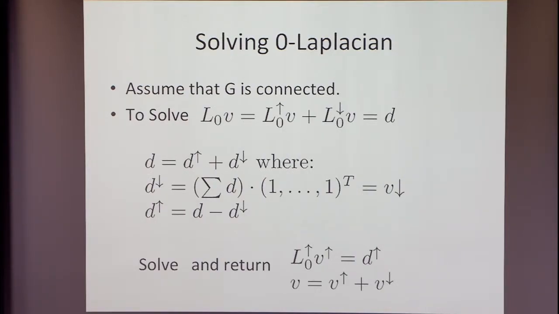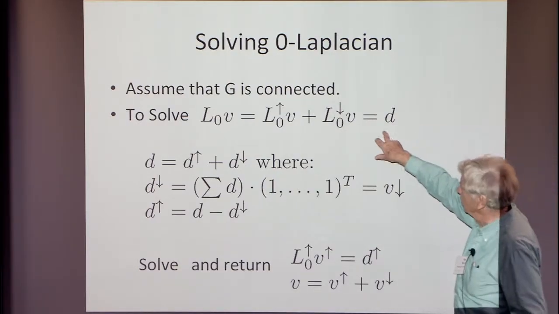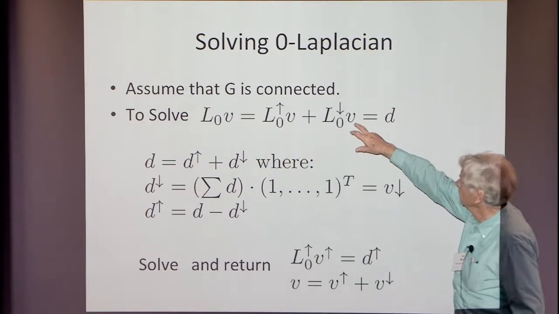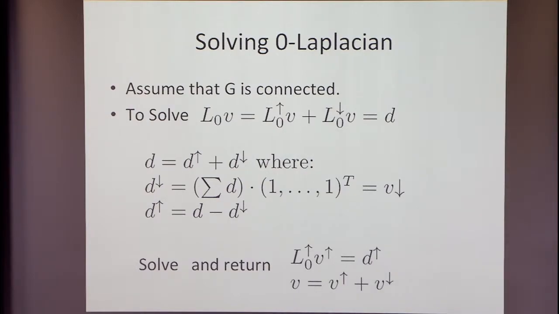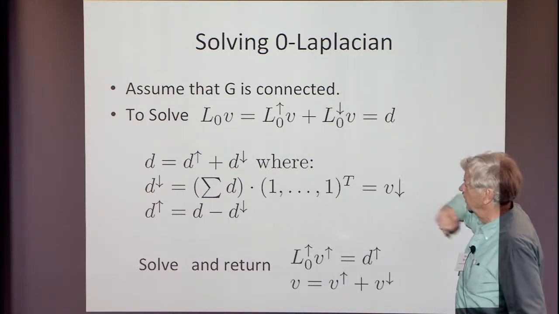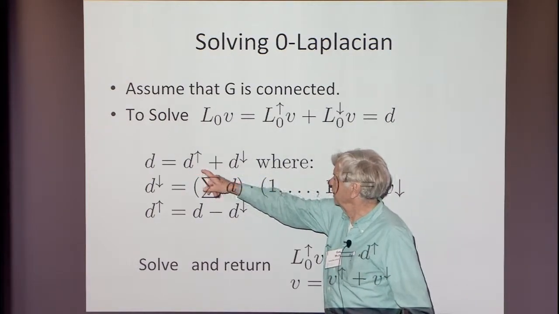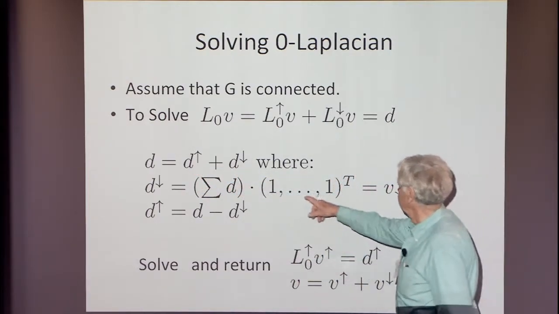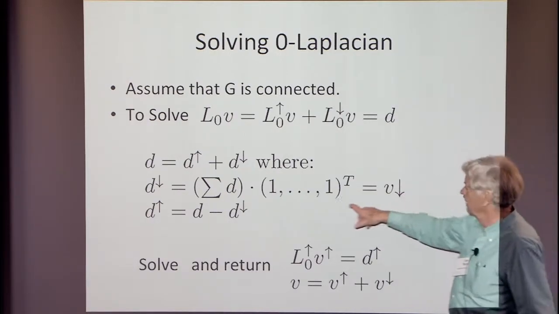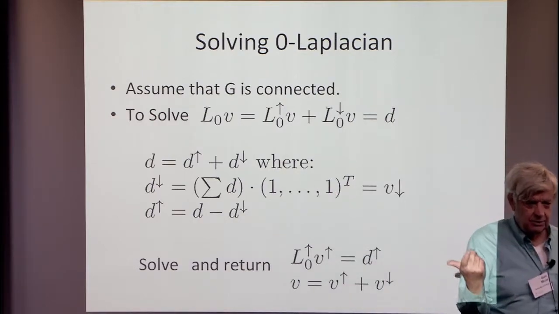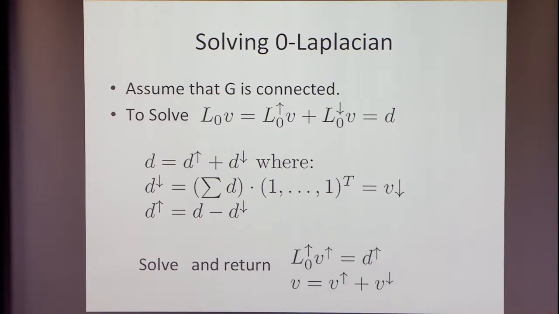Okay? So now let's understand this in a very pedantic way. How do you solve this equation? You have a V, a potential or a voltage, and you're trying to reach some residual. So what you do is say D can be written as a direct sum of an up and a down, where the down simply returns the sum of the values at the vertices, right? That's how much we should remove from this.